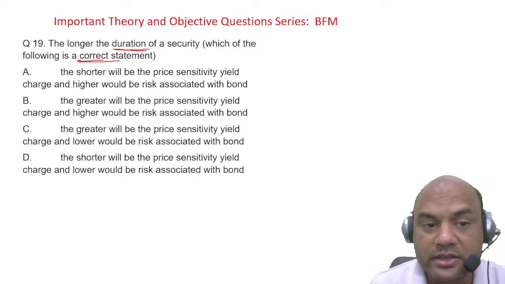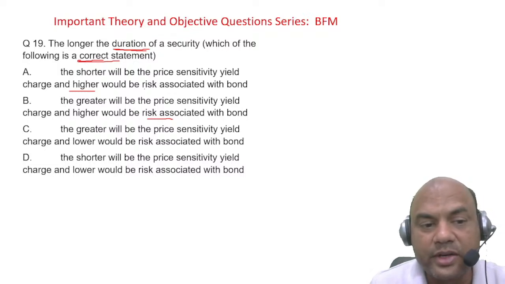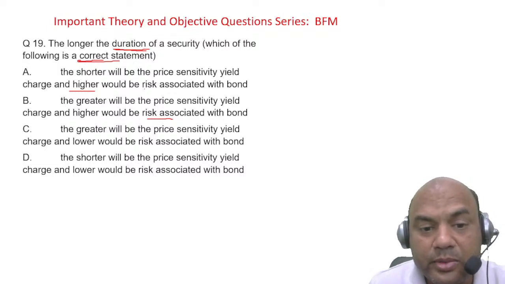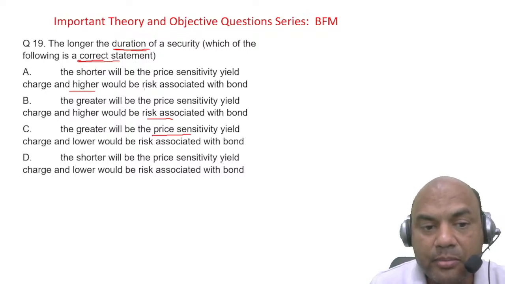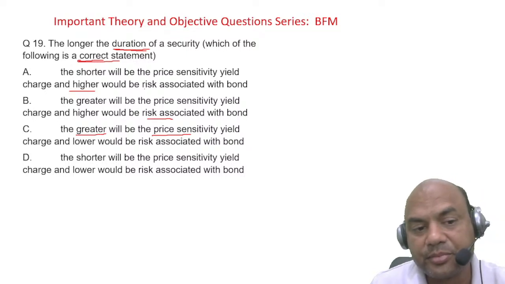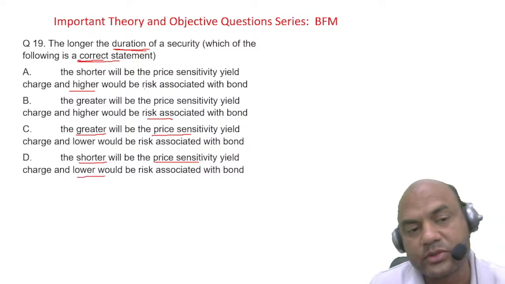So longer duration, higher risk. The next option: greater will be the price sensitivity to yield change, and lower would be the risk associated. And last one, shorter is the price sensitivity to yield and lower is the risk associated.